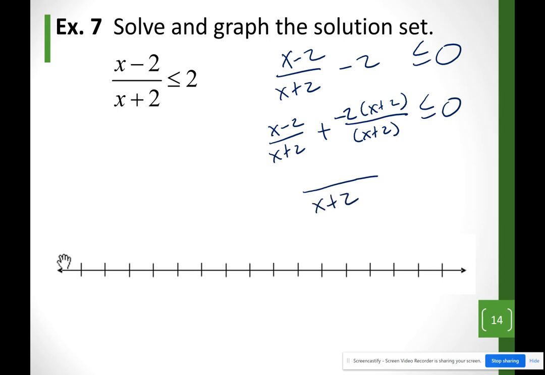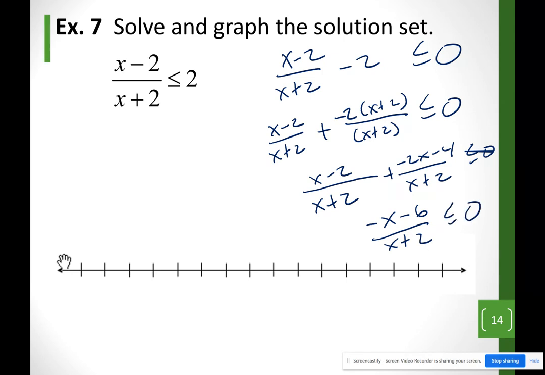On the top, I have x minus 2 for the first one, and negative 2x minus 4 for the next one. That gives me negative x minus 6 over x plus 2. The values that make the top equal to 0 is negative 6, and the bottom, negative 2.